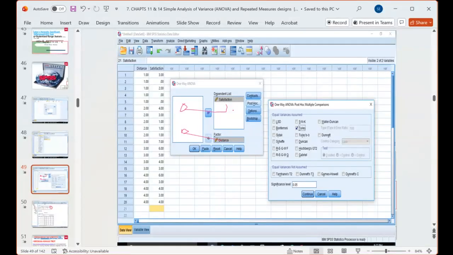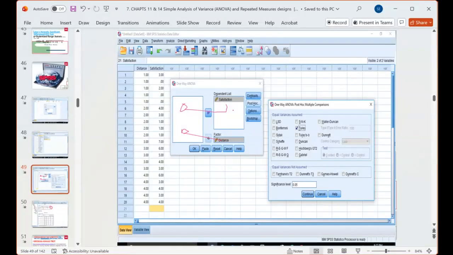That's the definition for DV, the variable we measure. And factor is IV, independent variable, the variable we manipulate. In this case, we have 4 groups. We manipulated them, like these guys go in group 1, you go in group 2, group 3, group 4.